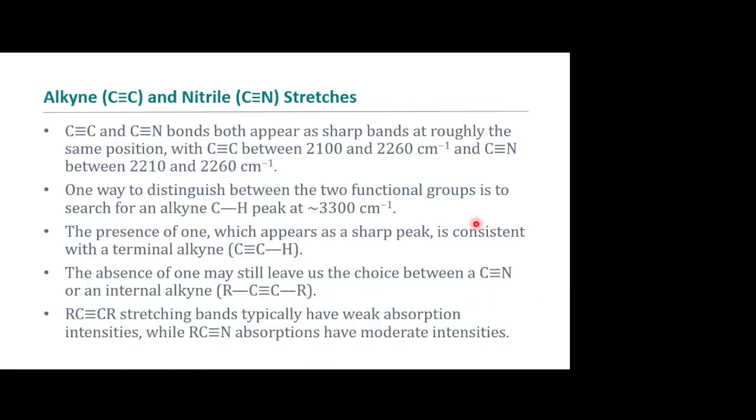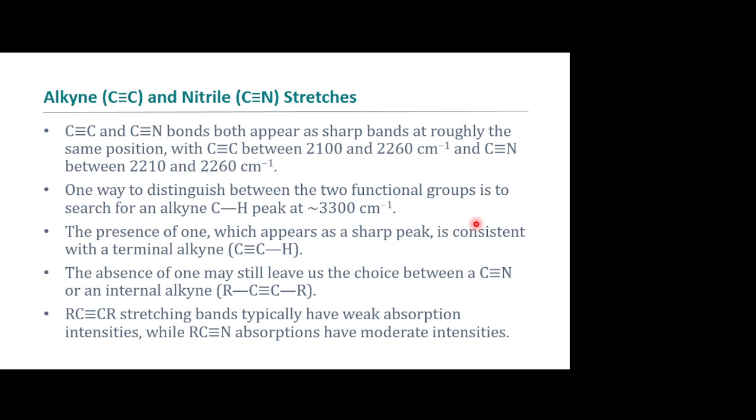All right, so let's talk a bit about the alkynes and nitriles. So the alkyne and nitrile bonds are both going to appear as very sharp bands. They're going to be roughly the same positions. So the alkyne is going to be 2100 to 2260 wave numbers, and the nitrile is going to be between 2210 and 2260.